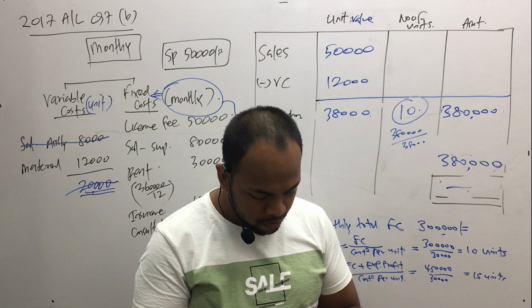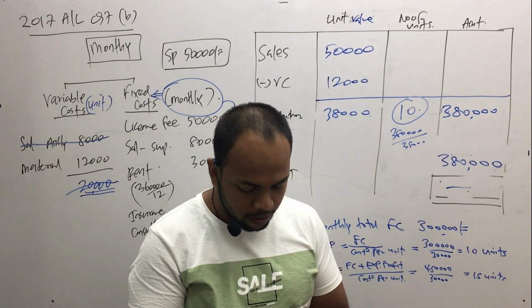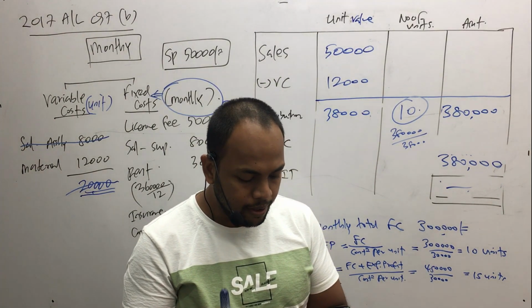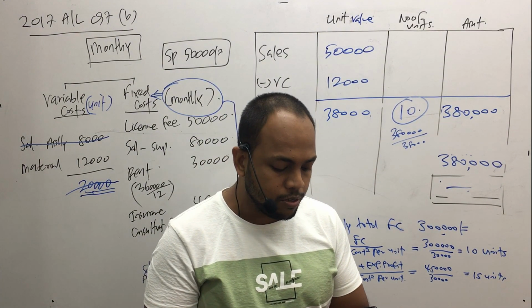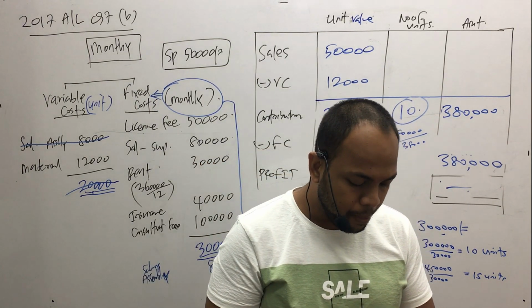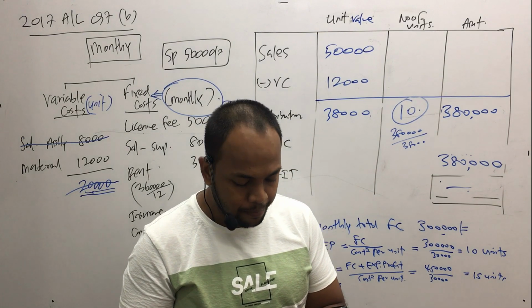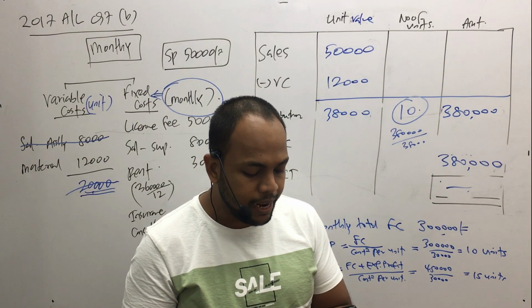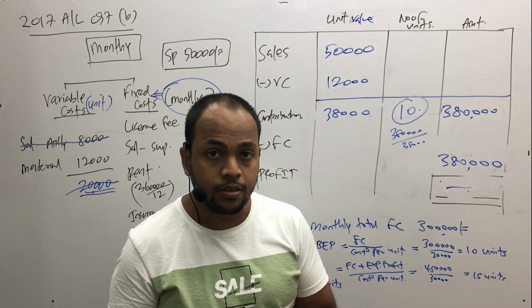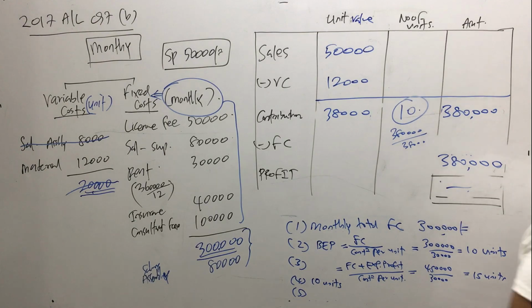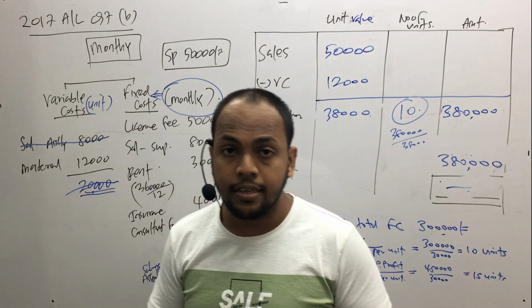Number of computers to be sold monthly to cover the total cost if the salary paid to an assembly worker could be reduced to 3,000 per unit by automating the assembly line. It is estimated that this automation would increase the annual fixed cost by 180,000. So now again our cost is changing.